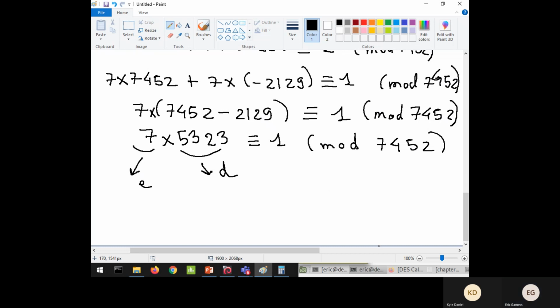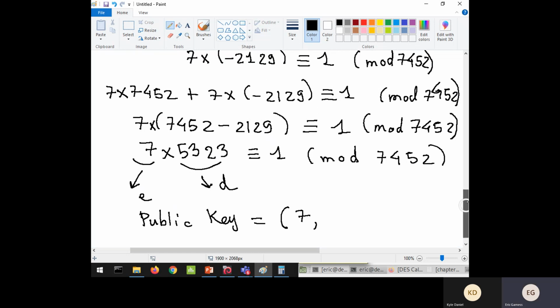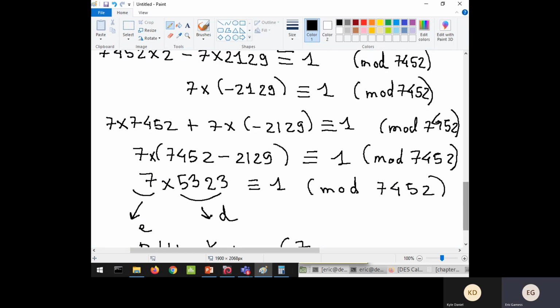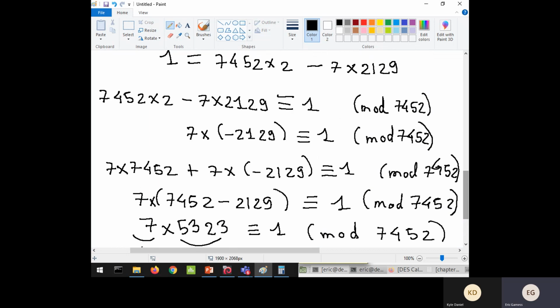What is my public key? It will be a pair of integers that will have E, and that will have not phi, the totient. It's not the totient, it is the modulus. So where is the modulus?